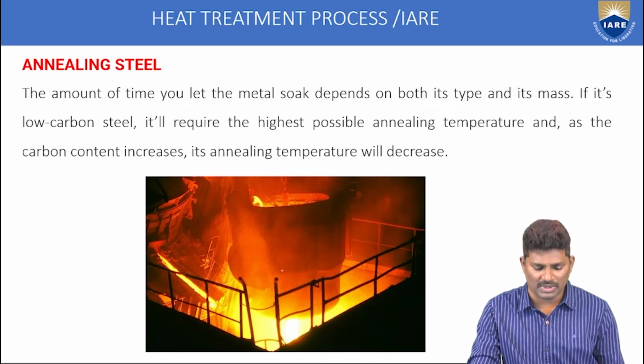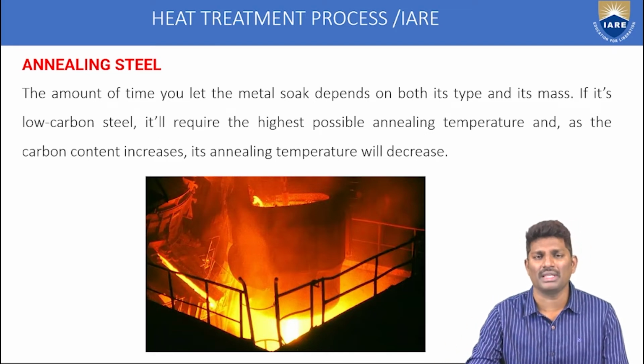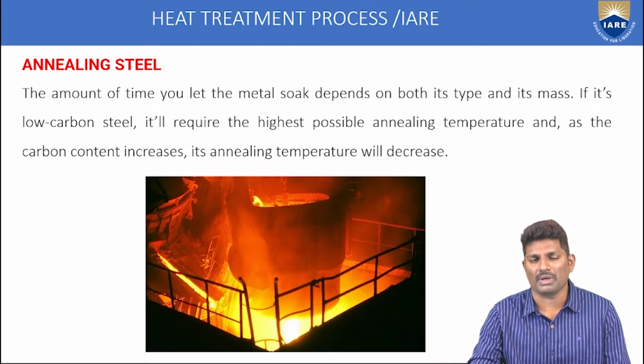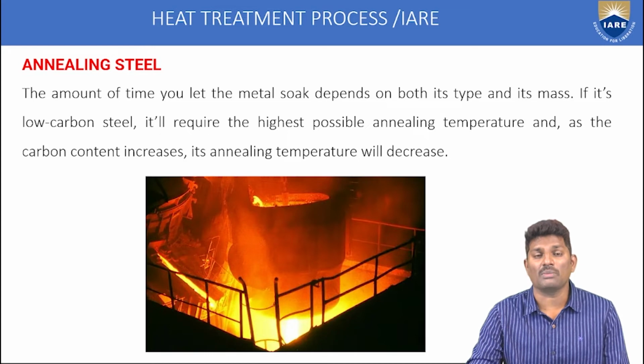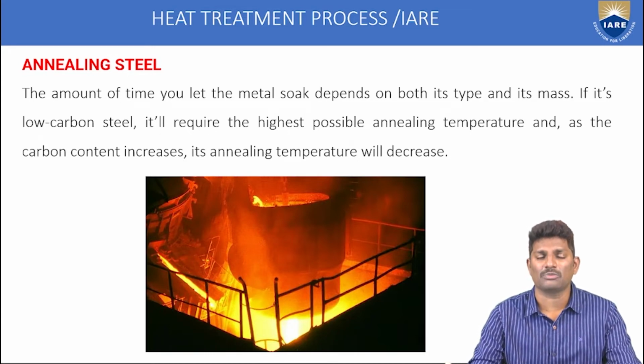In this figure you can observe there is a lot of heat supplied to the material in order to achieve the desirable mechanical properties, but the material should not melt. So before the melting temperature only, you have to achieve all these properties.